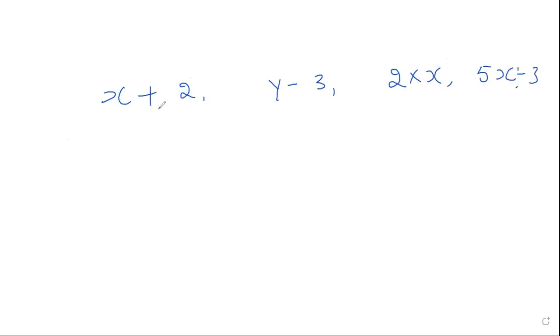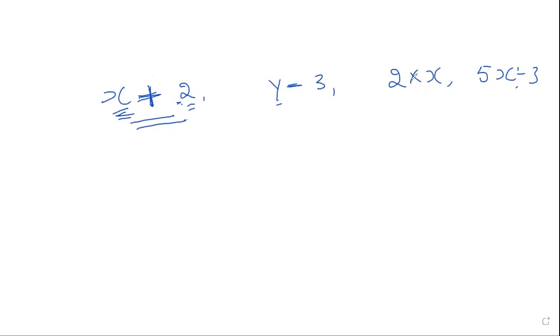So here, how many terms are we seeing in the first expression? There are 2 terms. x is one term, 2 is another term, because the plus sign is separating the terms. What is the plus sign doing? It is separating x and 2. Here also, the minus sign is separating y and 3.